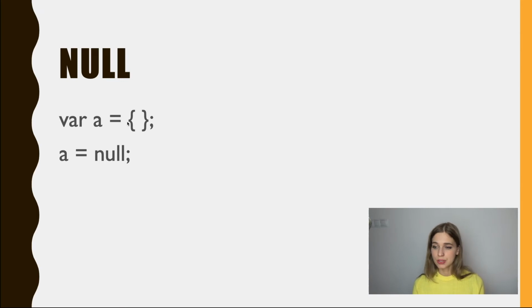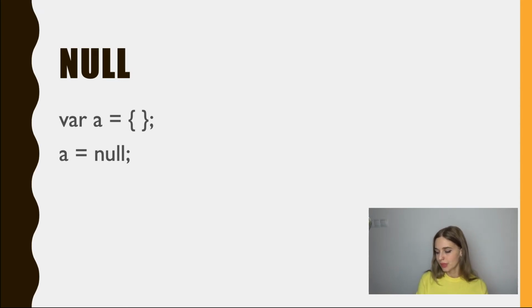When we get to discussing objects, then again, it won't be so scary. But these empty curly braces here, it's already an object. It's just an empty object. It doesn't have anything inside.